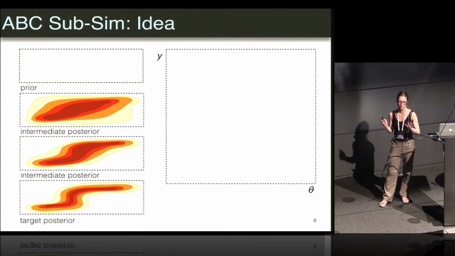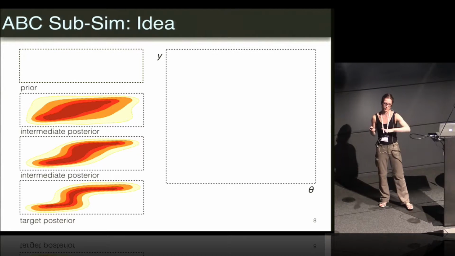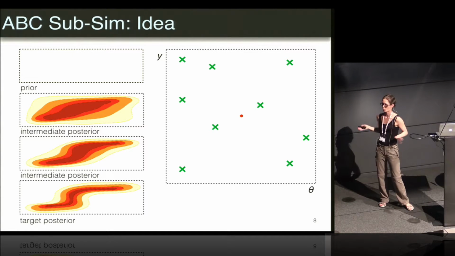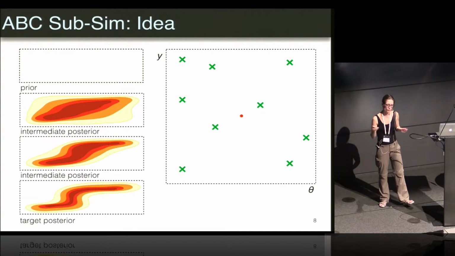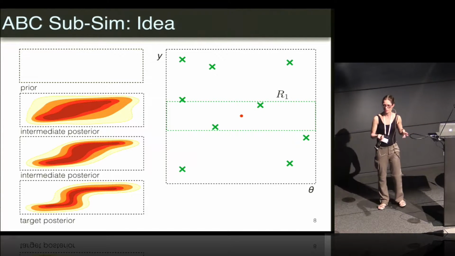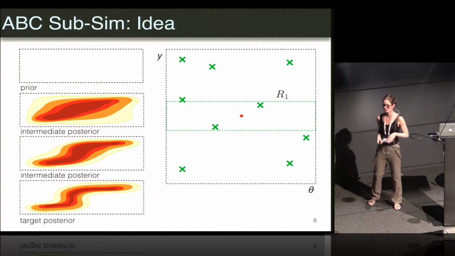Again, some graphics. We are in the parameter space, theta and y. This is our data, again 0. Initially, we generate from the prior. These are some points which we get, and the first tolerance which we set is, say, like this, depicted by the horizontal dashed lines.